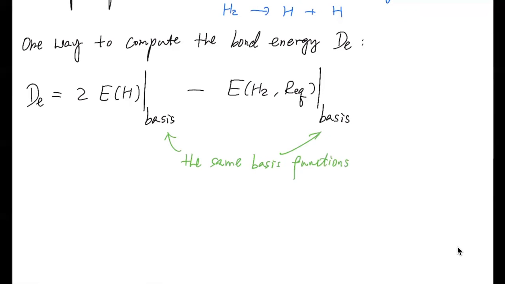In a calculation, you have to use the same basis function for describing the species. So essentially, you have 3 independent quantum mechanical calculations. The first is to calculate the total energy of the hydrogen molecule at the equilibrium distance.